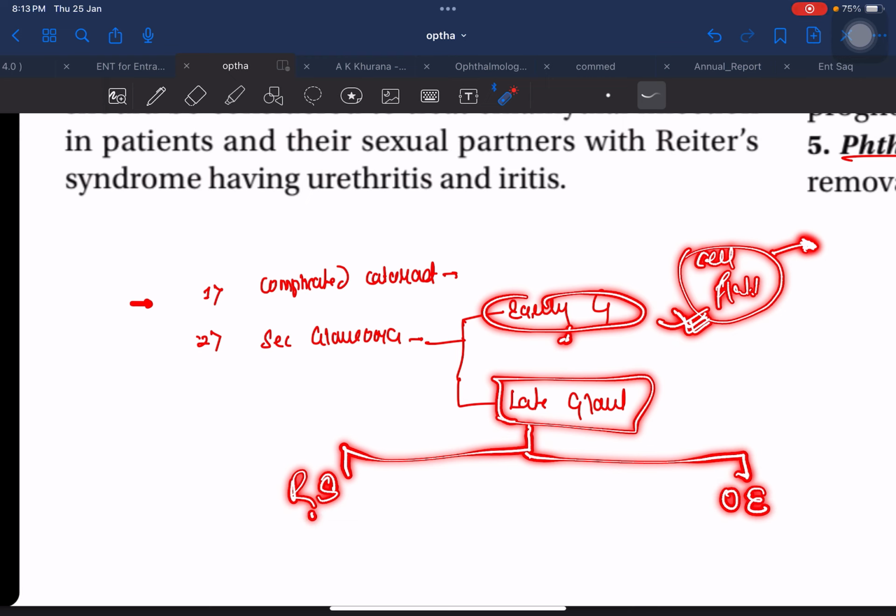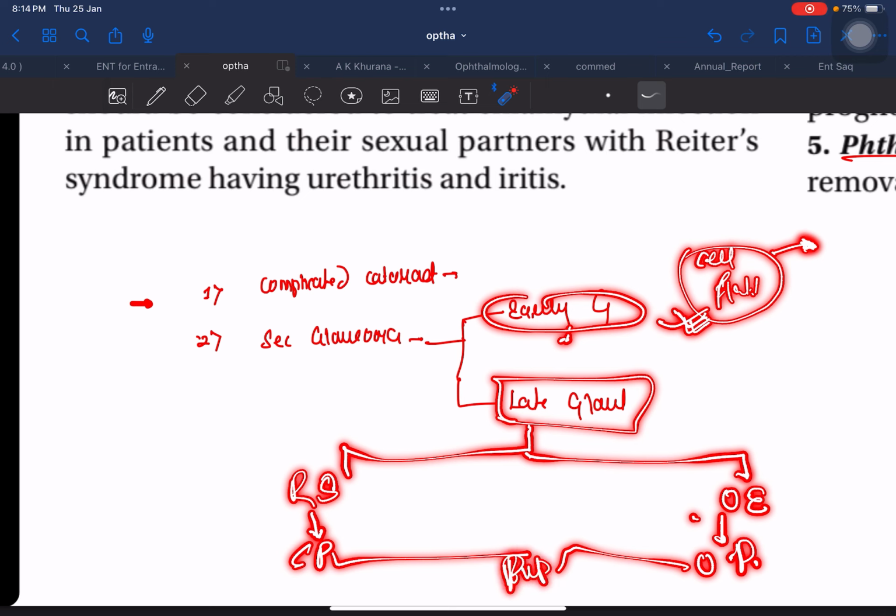Ring synechia will form seclusio pupillae, and the exudate will form occlusio pupillae. Together they will block the pupil and cause pupillary blockage. Since there is pupillary blockage, aqueous flow from the posterior to the anterior chamber is blocked, which causes increase in IOP.